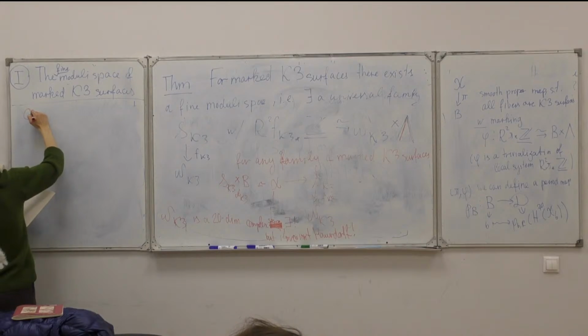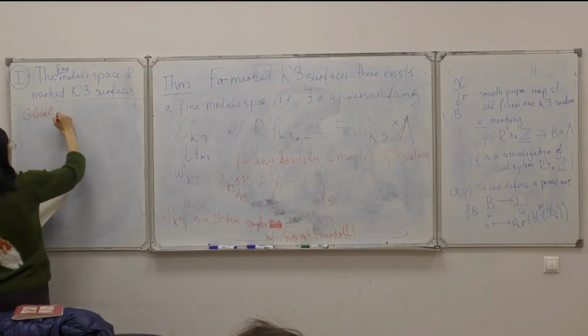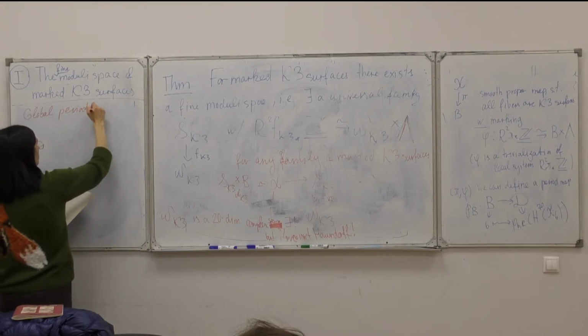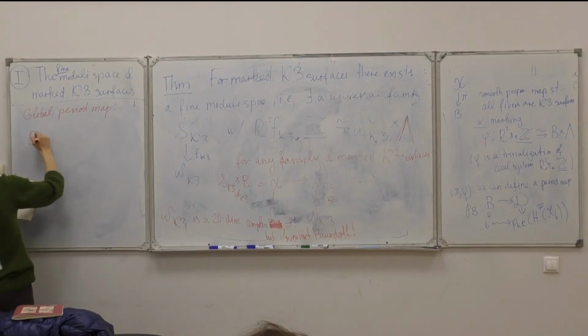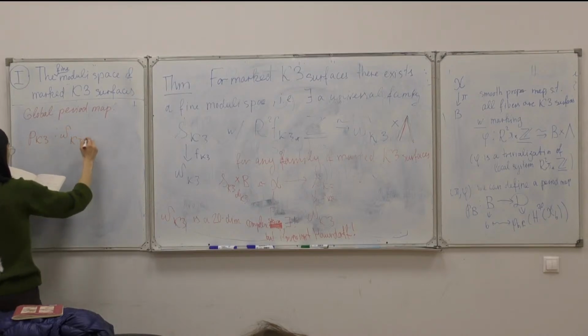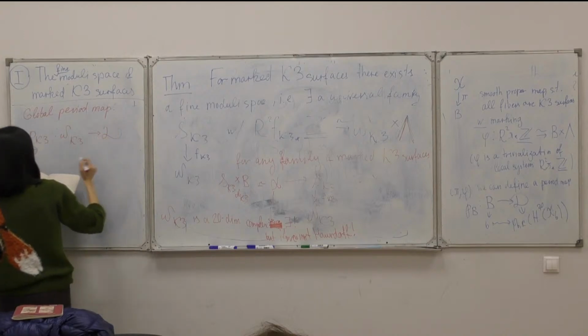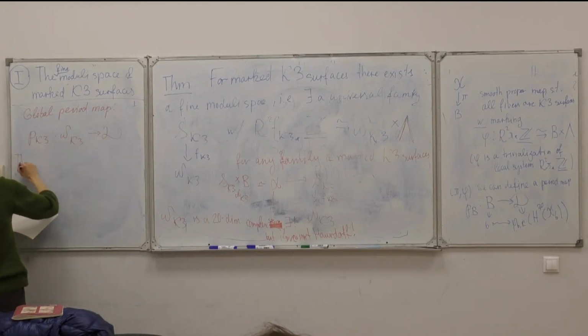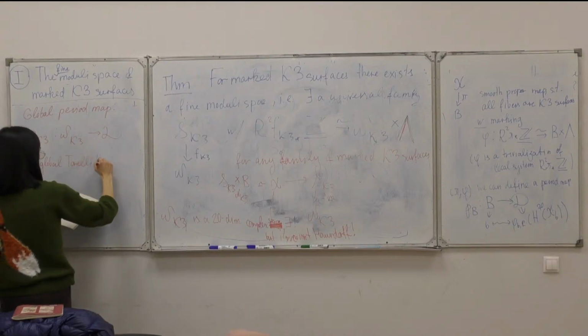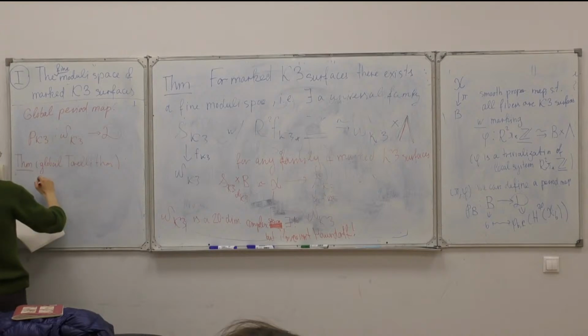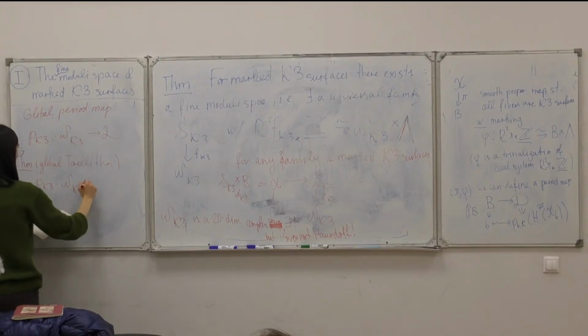Global period map. This is the map corresponding to this universal family, from its base to the period domain. And the theorem, the global Torelli theorem, tells you that this map is surjective.